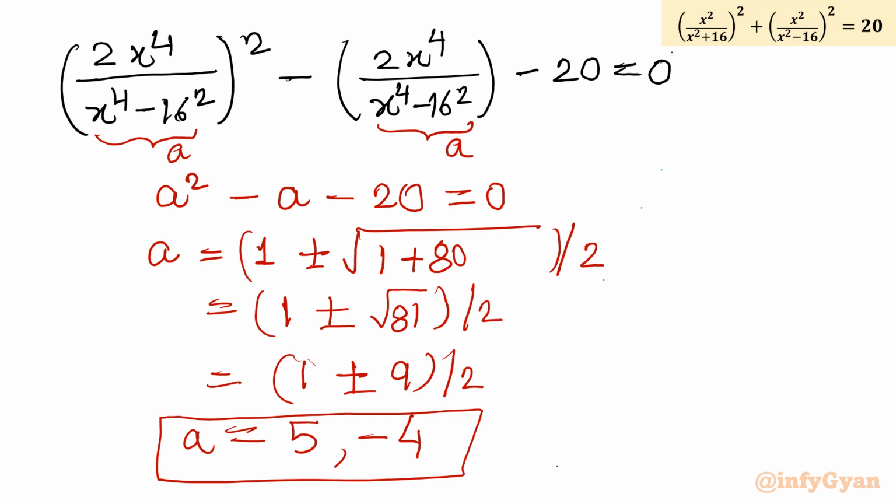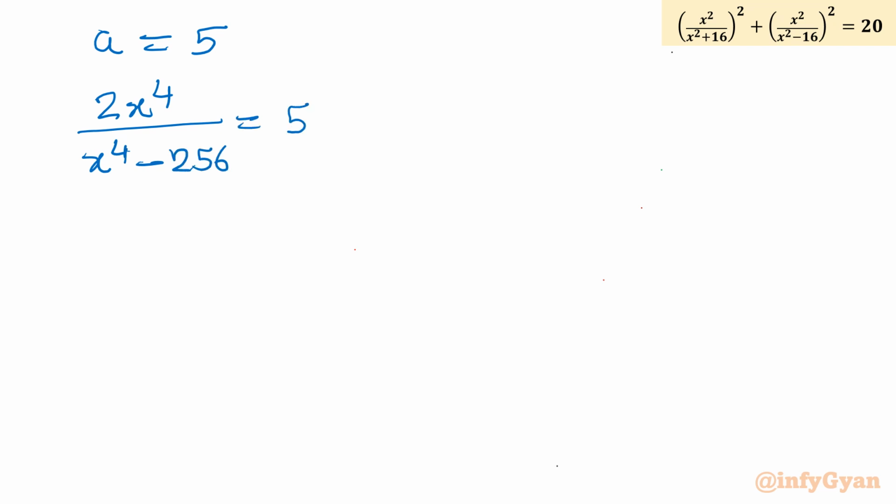And remember what is our A. A is 2x power 4 over x power 4 minus 256. So let us apply over there. First I will frame the equation A equal to 5. So A value is 2x power 4 over x power 4 minus 16 square, let me write directly 256, equal to 5. Now cross multiply to find out our solutions.